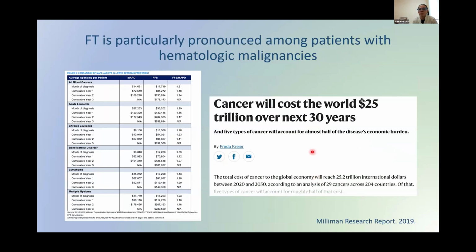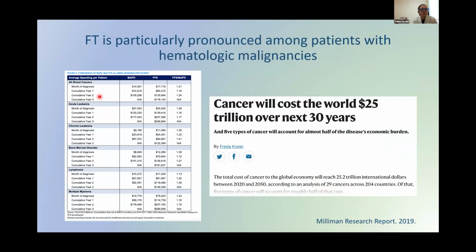Normally, cancer will cost the world about 25 trillion over the next 30 years. This is an analysis reported between 2020 and 2050, covering 29 cancers in 204 countries studied.